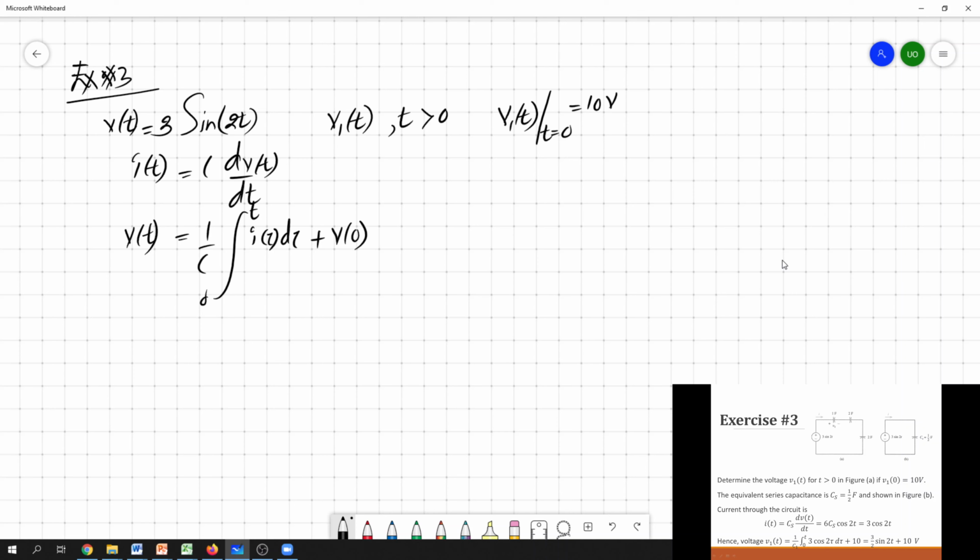So for capacitor 1, this becomes V1(t) equals 1 over C1, its capacitance, integral from 0 to t of the current flow through the capacitor, plus the initial condition of capacitor 1. This is given, it is actually 10 volt, so you don't need to worry. C1 is also given, it is 1 farad. So we need to find the current flow through capacitor 1.